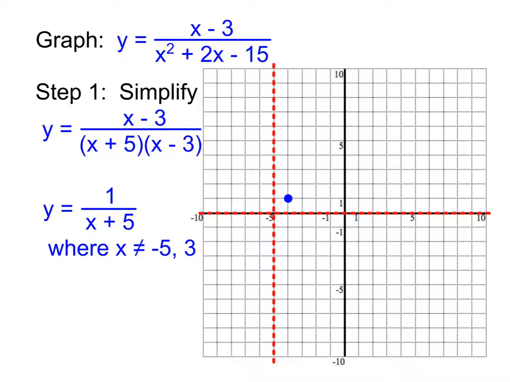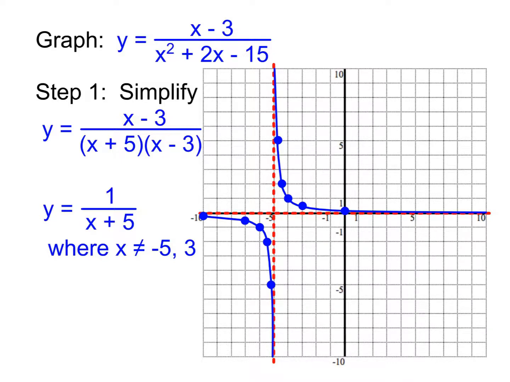And keep plotting the points just like you did for the parent function of 1 over x. And so this then is the graph that you should come out with here.